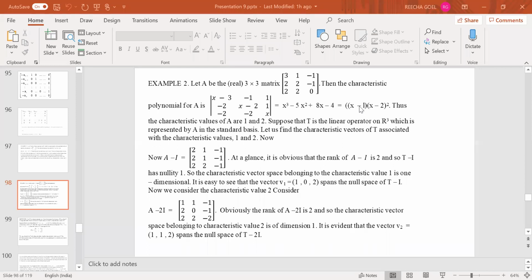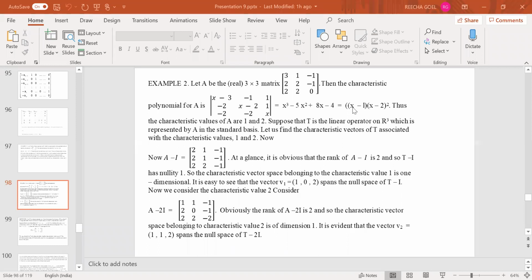Now the problem is, is this particular matrix diagonalizable? Let us see how many independent characteristic vectors there are belonging to 1 and 2.